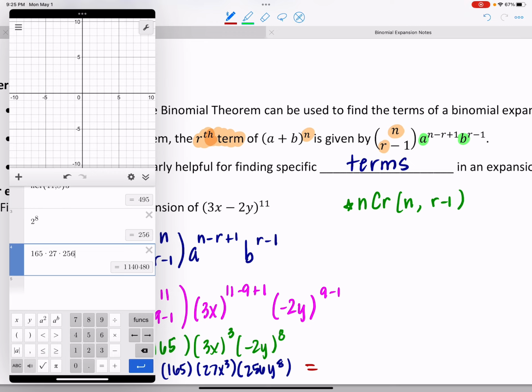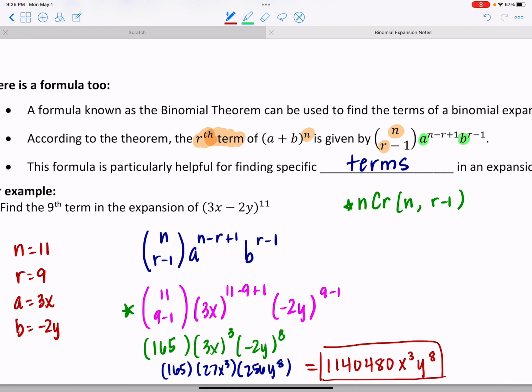So that is 1,140,480, and then we have an x cubed and y to the 8th power. If I actually expanded out this product, multiplying 3x minus 2y by itself 11 times, the ninth term of that expansion would be that ridiculousness that we just got there.